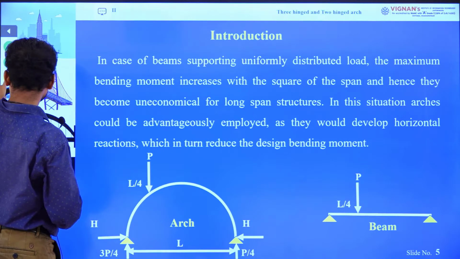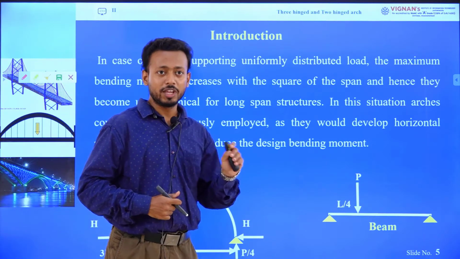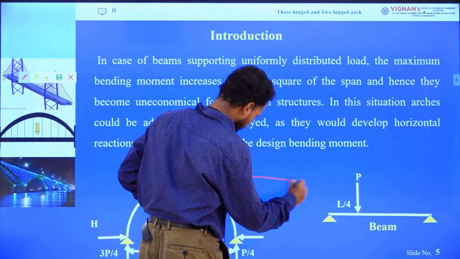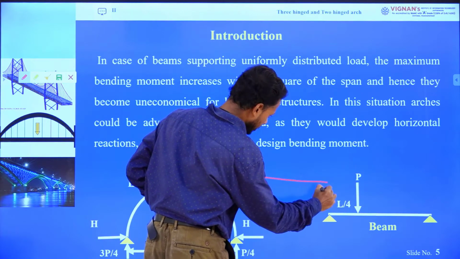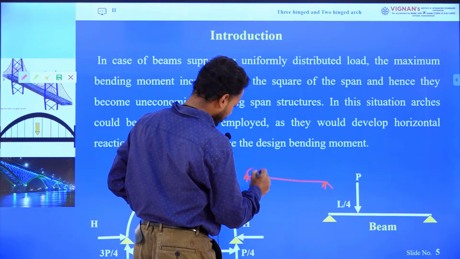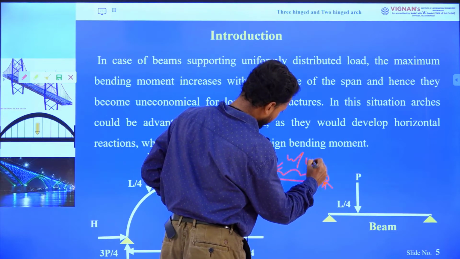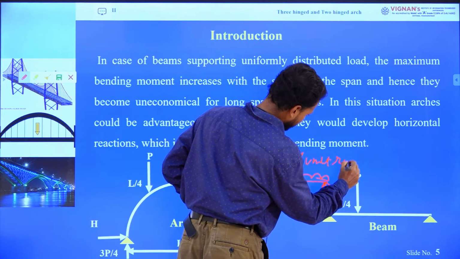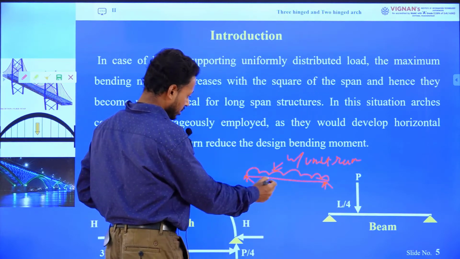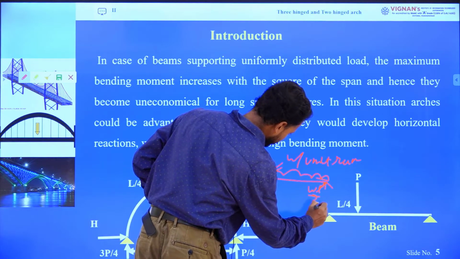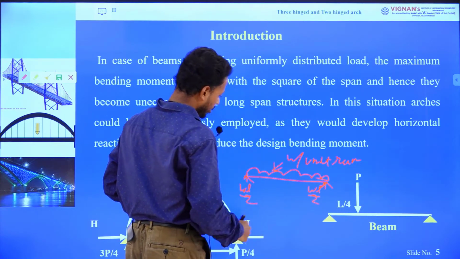Suppose you are designing a beam for a uniformly distributed load, that is W per unit run. So the reactions will be WL by 2 at each support.